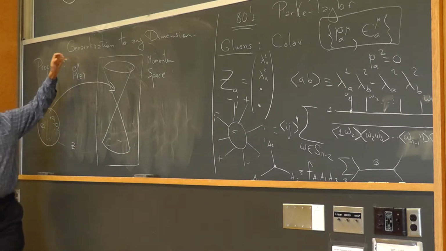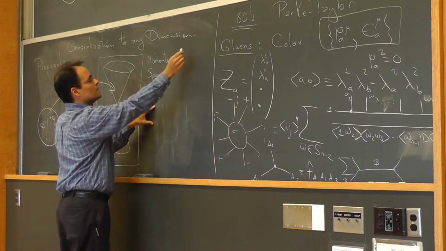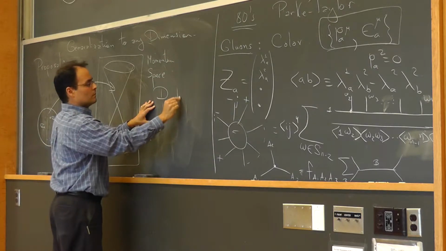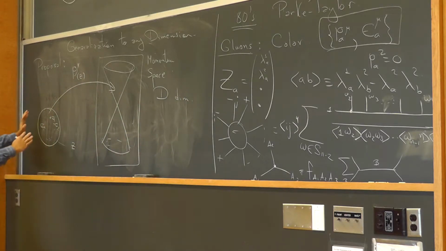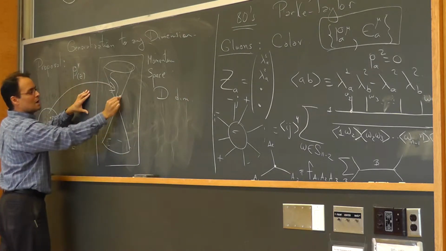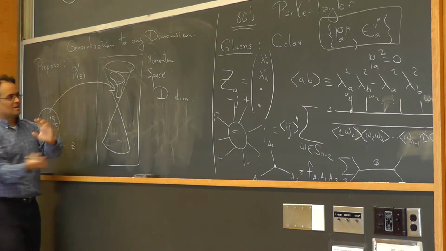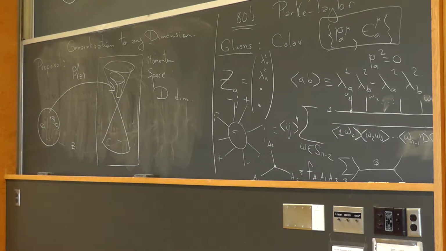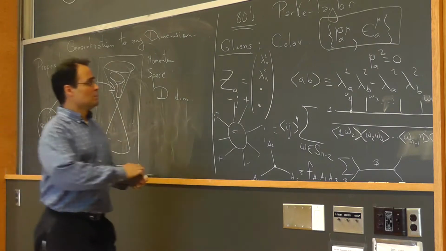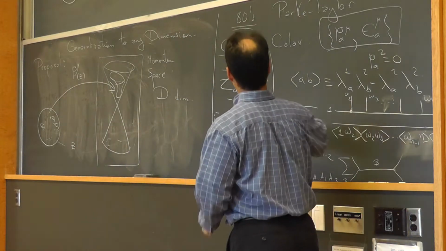Well, I take d of them, if I'm in d dimensions. And I want the whole sphere to be mapped onto the null cone. Okay, so if I do that, maybe I have a chance of generalizing all these formulas.